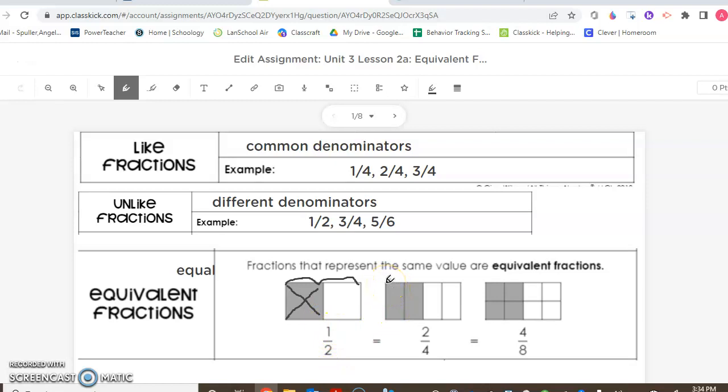It's the same size candy bar, but instead of being in two pieces, we have 1, 2, 3, 4. But there's still half left. Here's this again. We have 1, 2, 3, 4, 5, 6, 7, 8 pieces. But again, still half left over. Those are considered equivalent fractions.